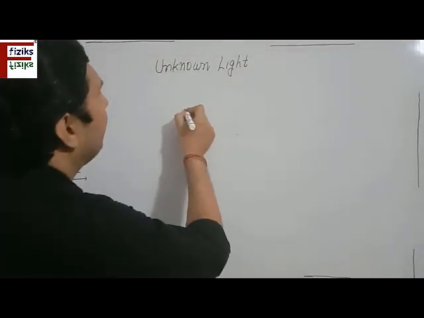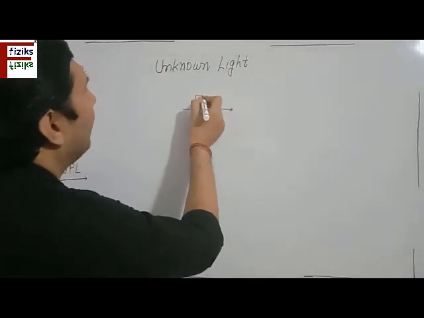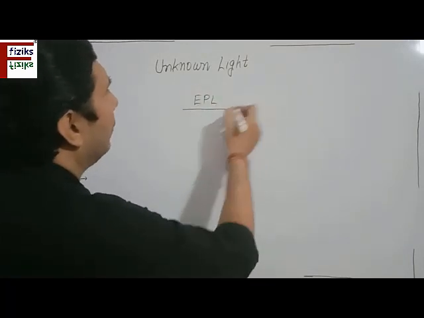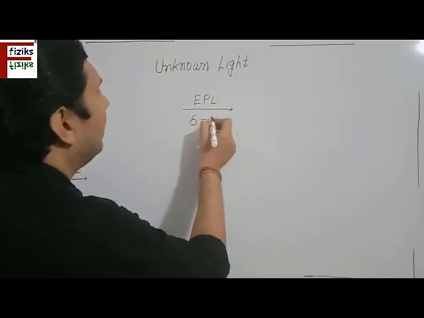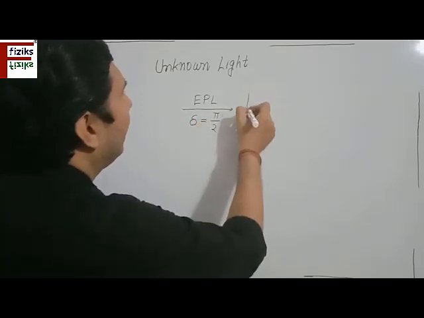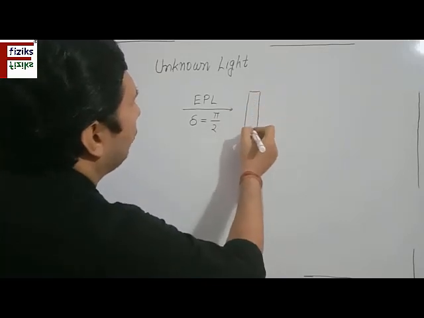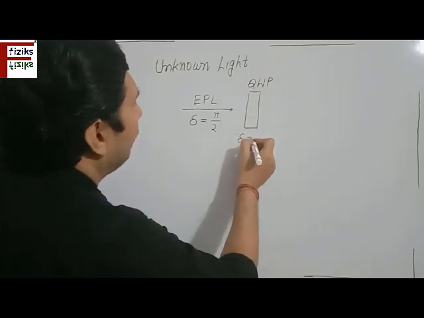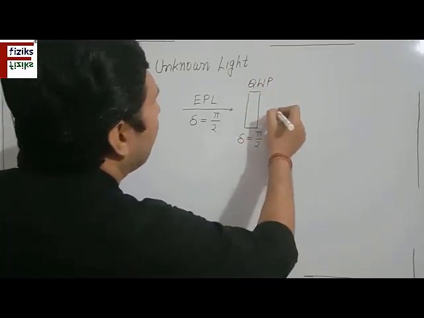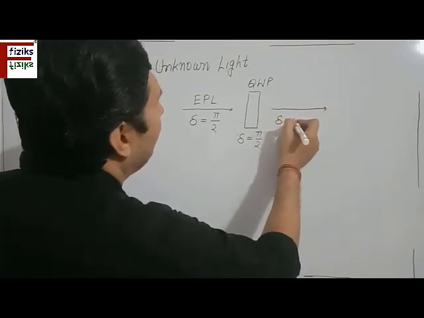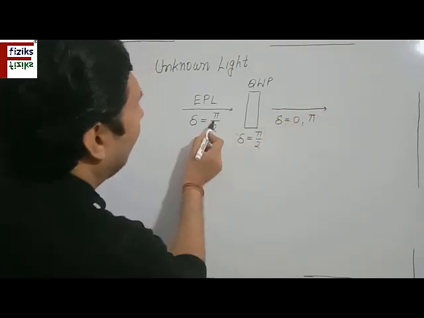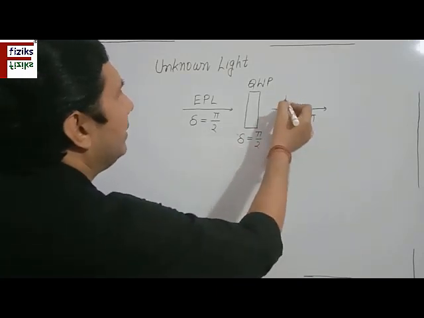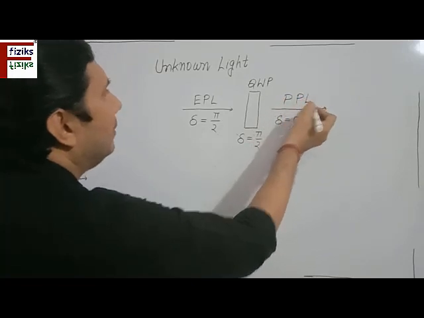Consider it this way: if this is right-angled elliptically polarized light, then delta will be pi by 2, and when we pass it through the quarter wave plate, which introduces a phase of pi by 2, on this side we will have a phase of either 0 or pi. This will be pi by 2 minus pi by 2, which is 0, or pi by 2 plus pi by 2, which is pi. So on this side we will have plane polarized light.